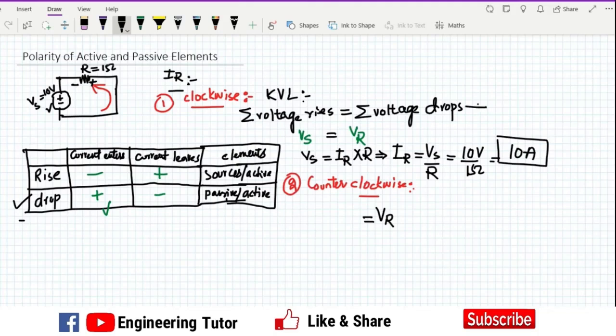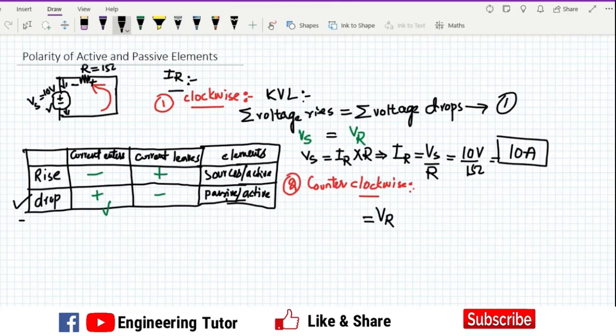We are using equation number 1 here again, and according to this equation, VR is at the right end, which is for the voltage drop. Similarly, by changing the direction of the current, now for the source, current is entering the positive element and leaving to the negative element.